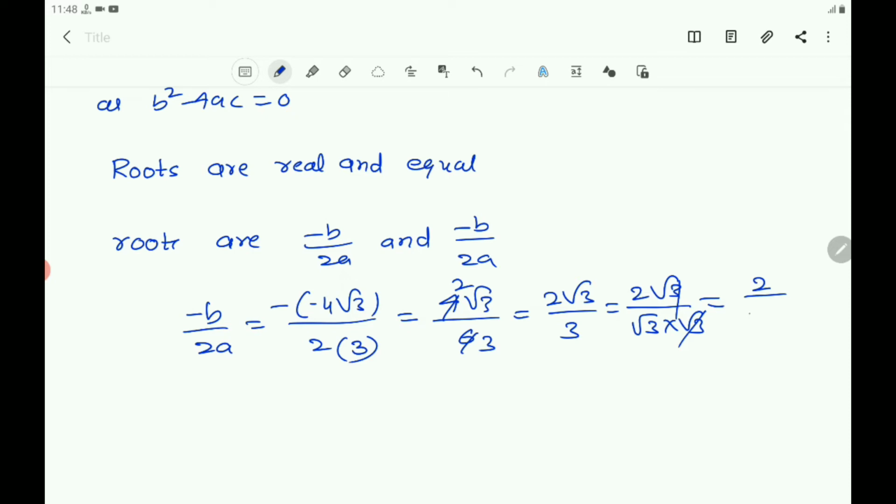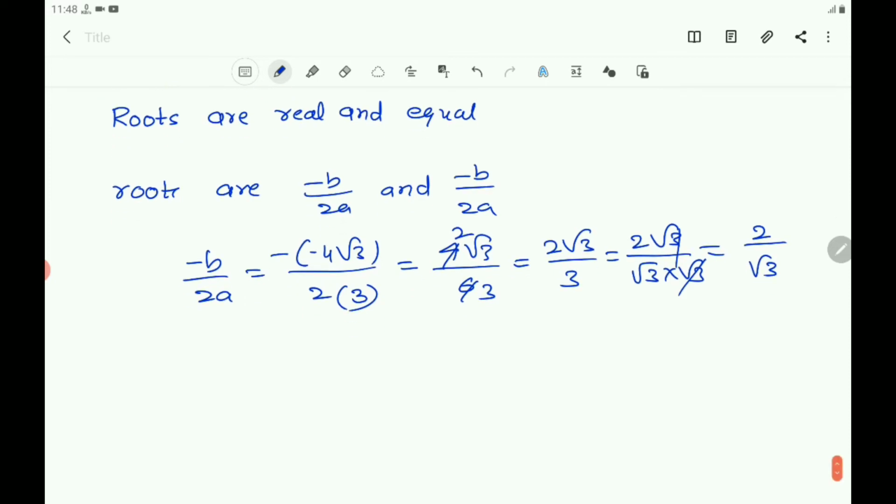Therefore the roots are 2/√3 and 2/√3. If b² − 4ac is equal to 0, the roots are equal and equal to −b/2a. So you can get the root easily without writing the quadratic formula.